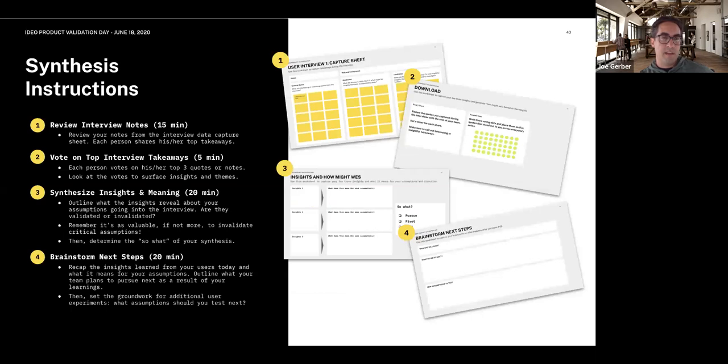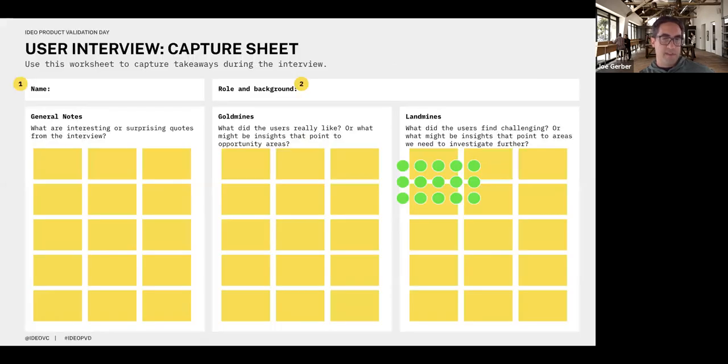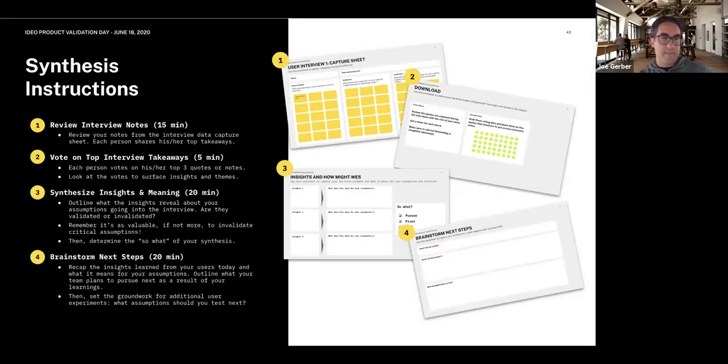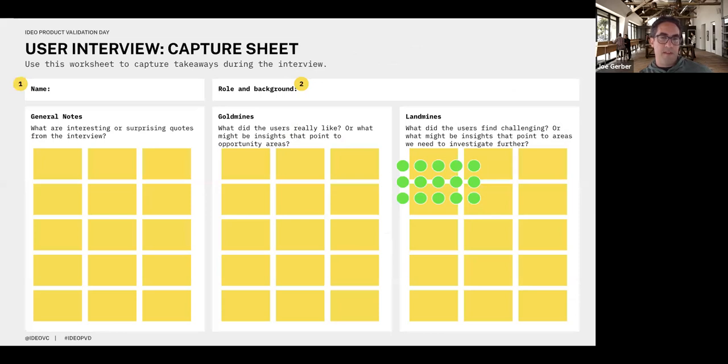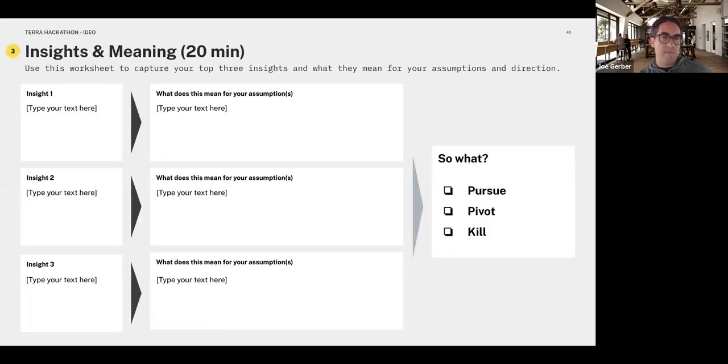Next slide. So these are some instructions on synthesis. And then you can vote to start to create the patterns. See those green dots. Next slide. And then once you've got your clusters, you can condense that into 3 insights or more, and then decide what you want to do with it.